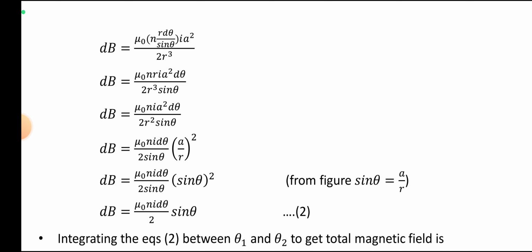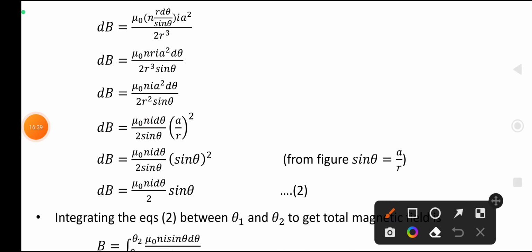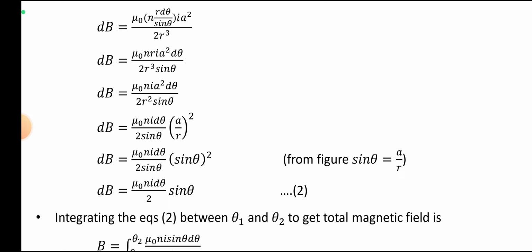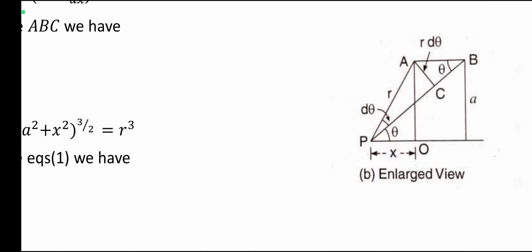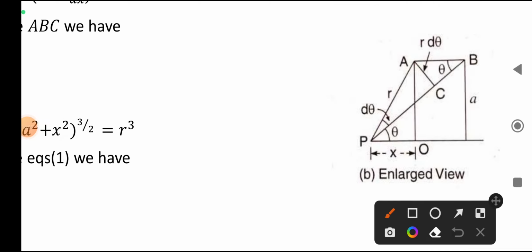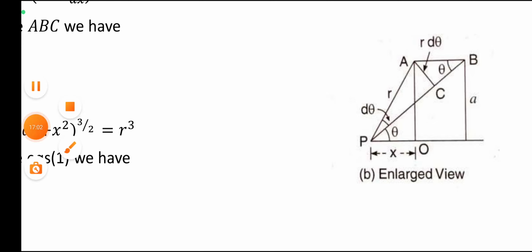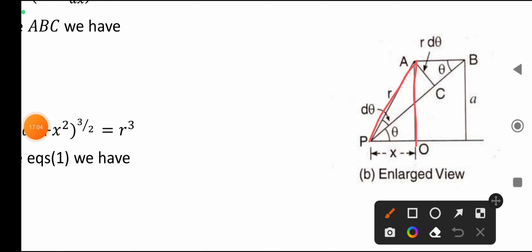Next, from the figure, see here what we can write. It is square and it is square, so write them separately. From the figure, sin theta is a by r. How do we get sin theta as a by r? See the diagram. Take this right angle triangle. So this is also a.